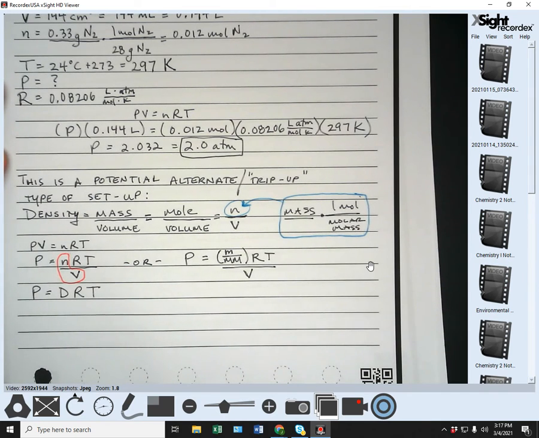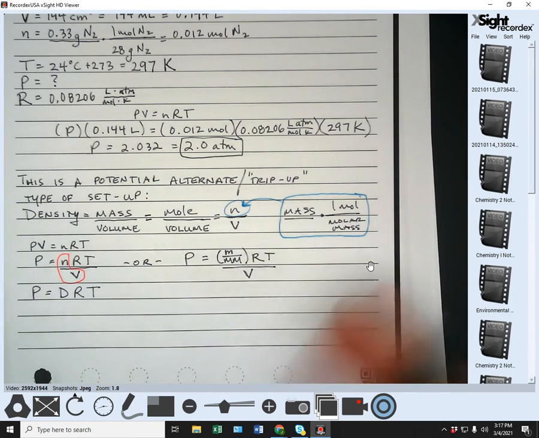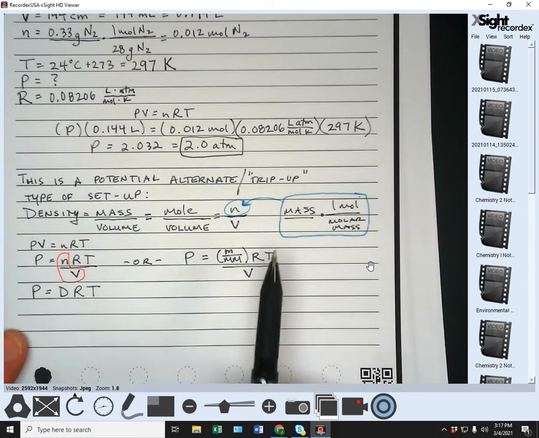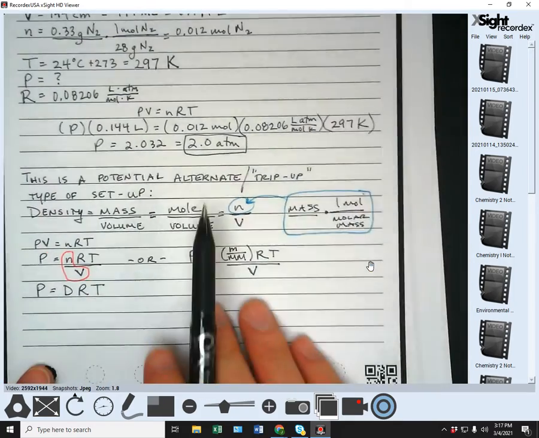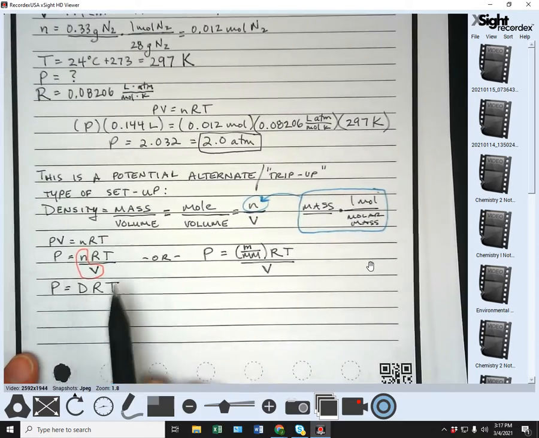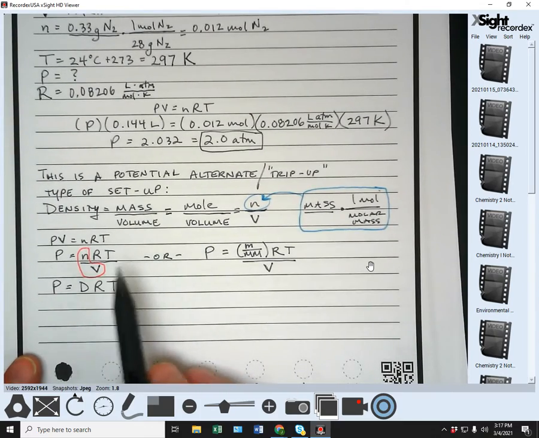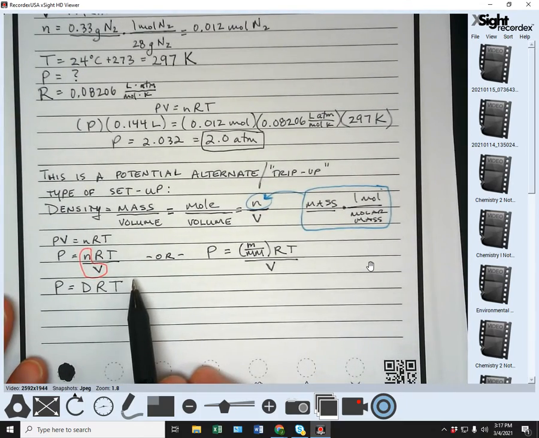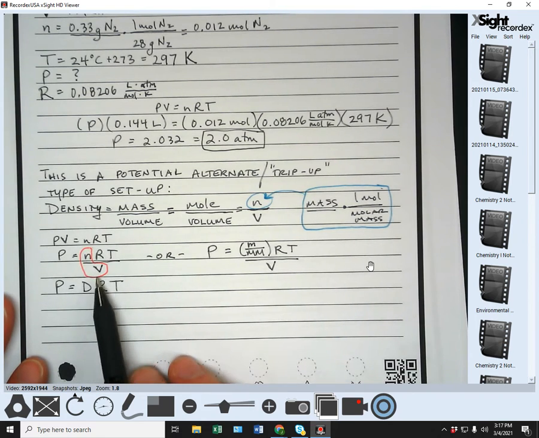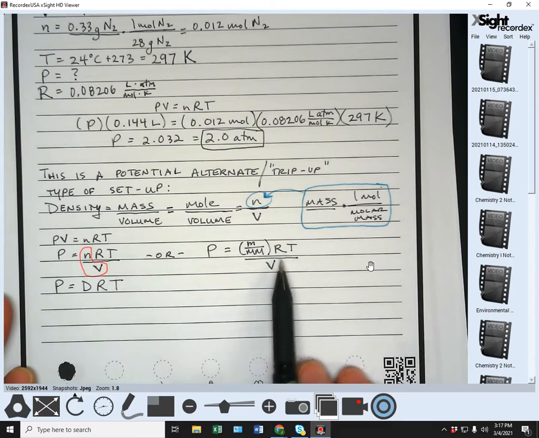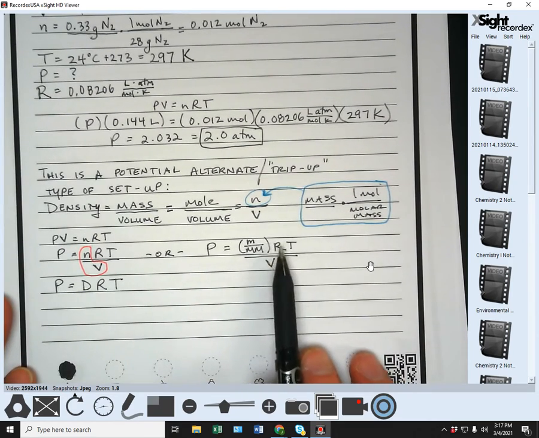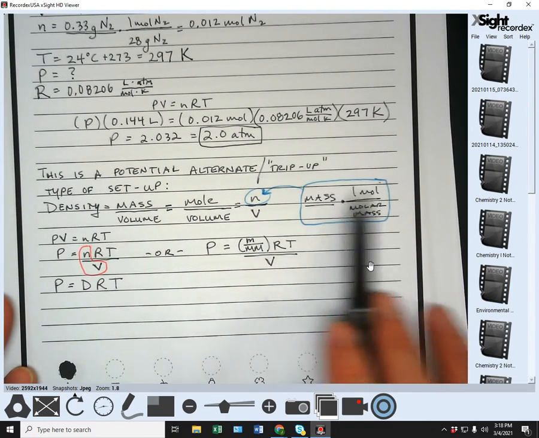Either way is a way that they can do a PV = nRT problem, but give you the information differently to make it look like you don't have everything you actually have. So if they give you density instead of number of moles and volume, you can do it like this. Or if they give you the mass instead of the moles, you can convert mass to moles and then plug in.